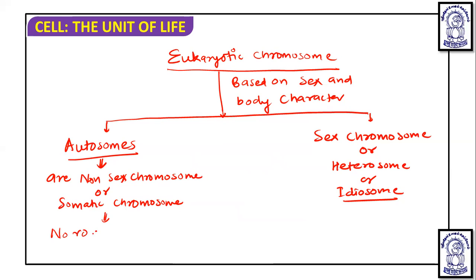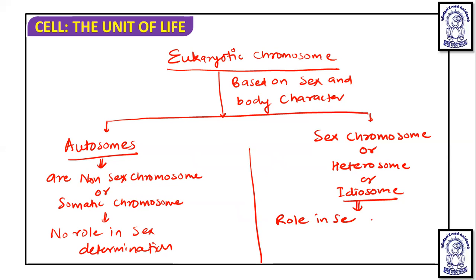They are just involved in determining the body characteristics. But the sex chromosomes or heterosomes have a role in sex determination, and they are of two types, X and Y. So these are the two chromosomes.